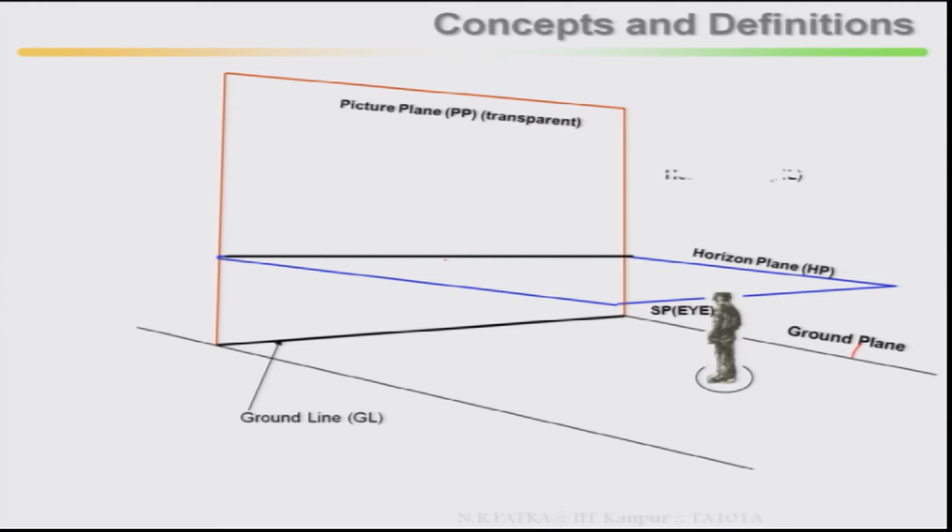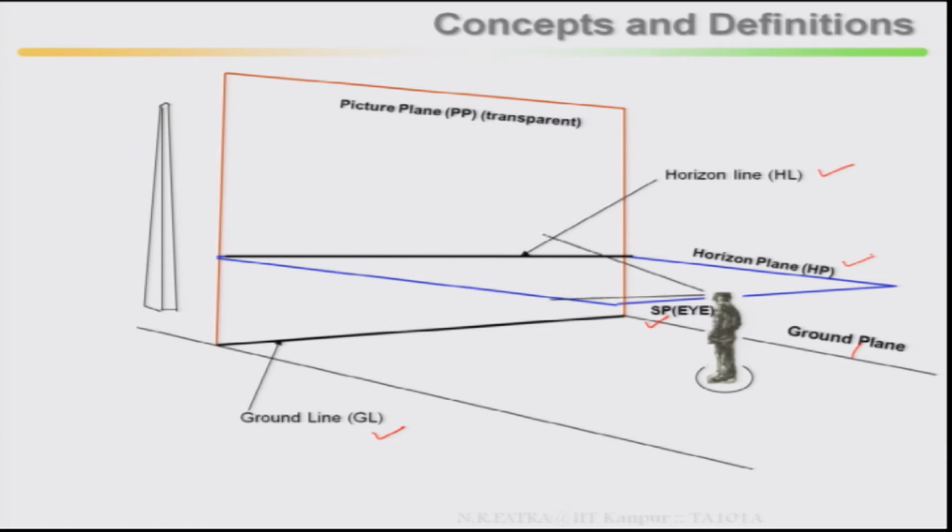Then the horizon plane where it meets your picture plane is called the horizon line. These are all definitions, so be careful here. SP means station point, GL means ground line, HL means horizon line, and HP means horizon plane, not horizontal. It is horizon plane; HL means horizon line.